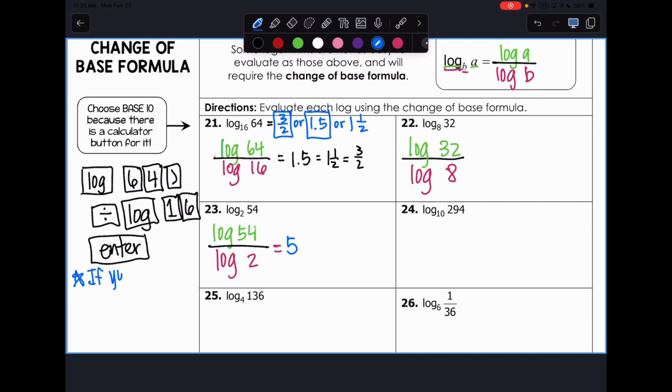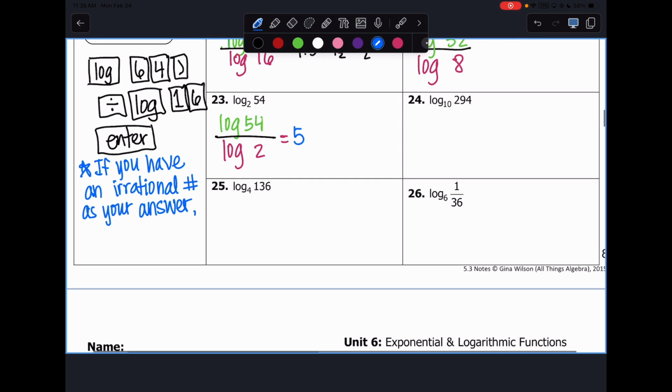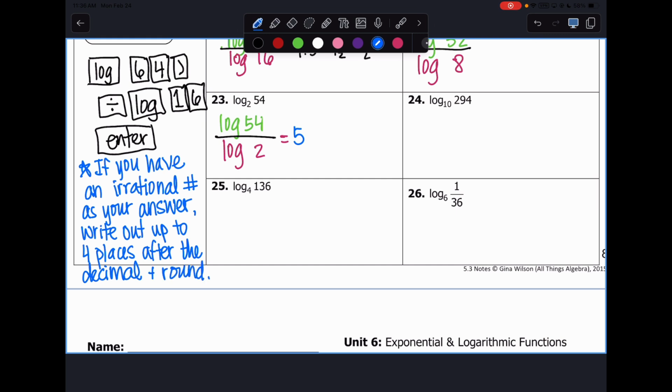If you have an irrational number, so meaning no pattern, it doesn't end, as your answer, we're getting into this habit now, okay? I want you to write out up to 4 places after the decimal and round, okay?